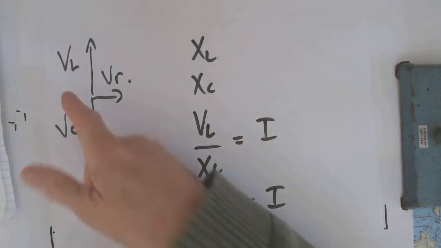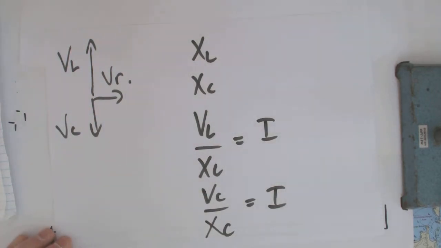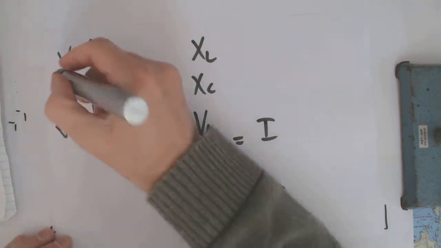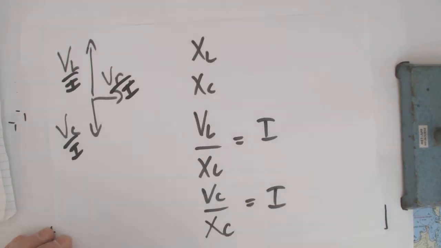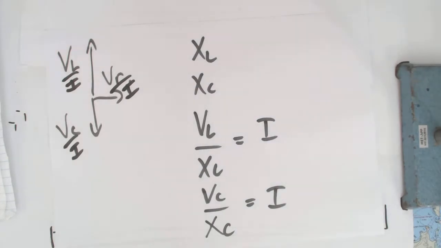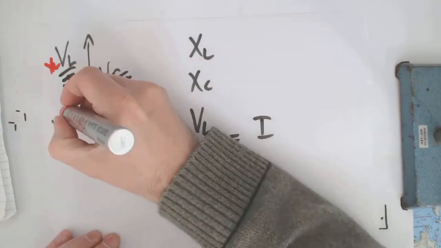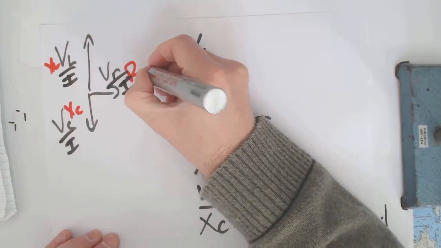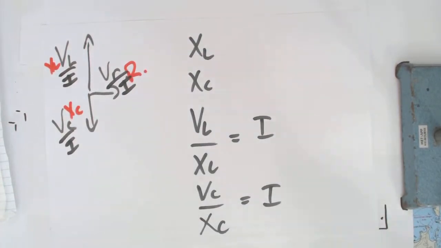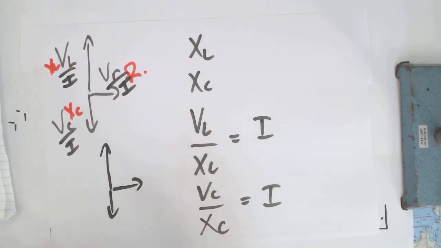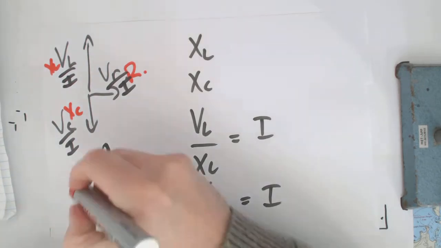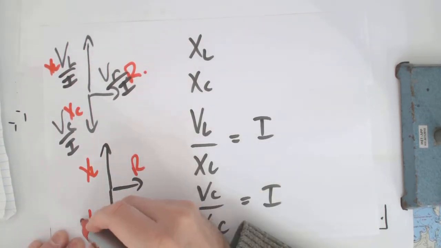So on these phasor diagrams, if we divide each of the voltages by I, as long as we've got an RMS or a peak value, then we're going to get XL, XC, and R at those points. So sometimes you'll see the graph done that way, and they'll call this XL, R, XC.